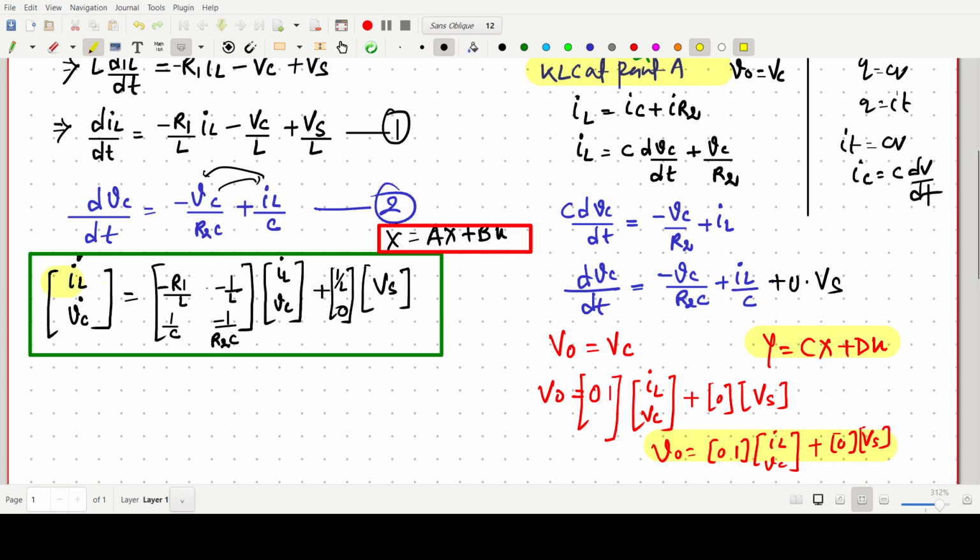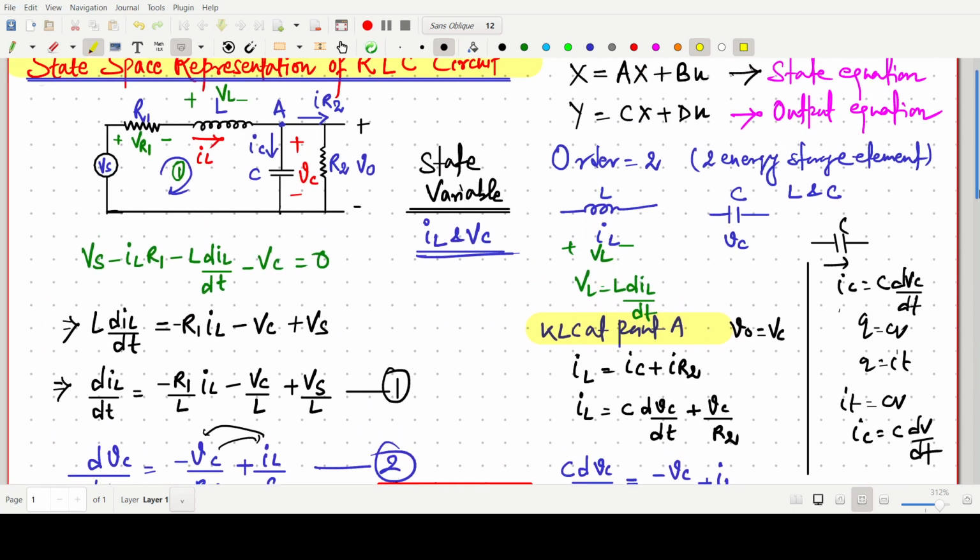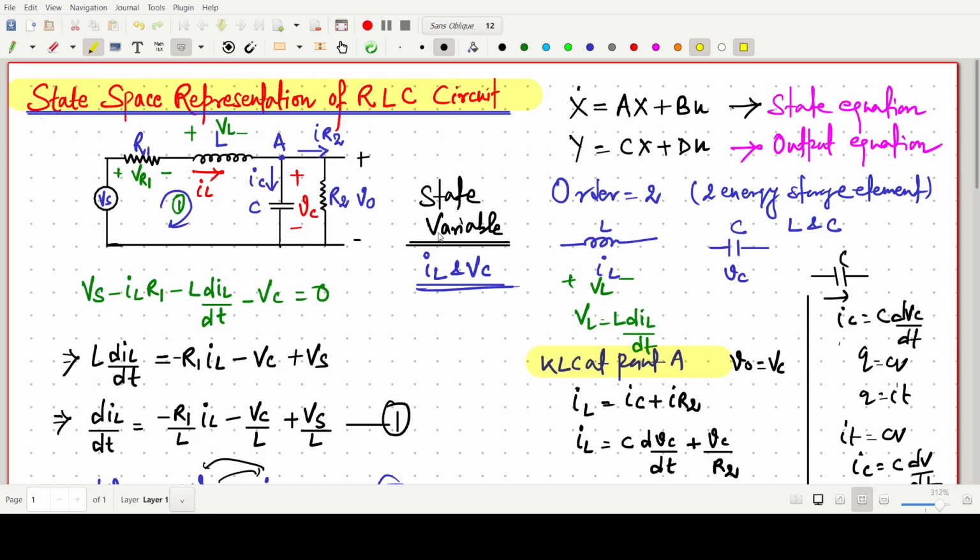So this one is the state equation. Okay, so this is all about this simple realization for this state space analysis. You can directly write the whole equation very simply, but first apply KVL in this loop and write some current equation by KCL, and this one is our KVL.